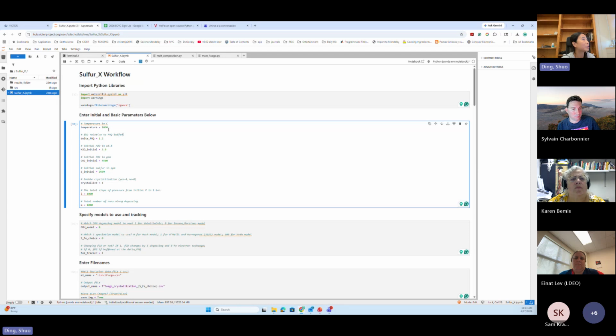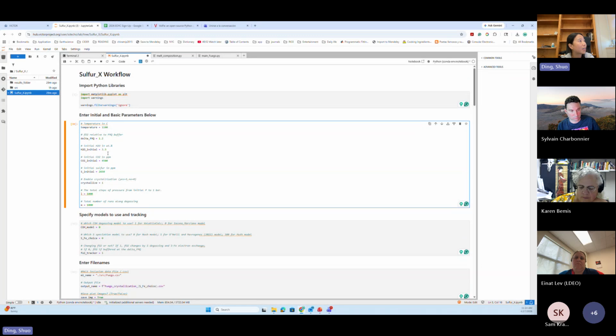So basically temperature. If we're looking at basalts, it's a little bit low, so let's just do 1100, but you can input whatever liquidus temperature you want to model. And then fO2, this is relative to the FMQ buffer. Here, I think we can leave it at 1.52. And then this is initial water concentration.